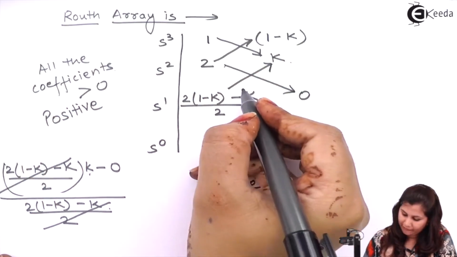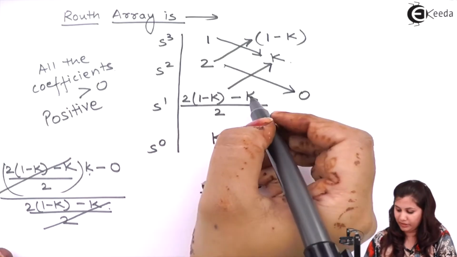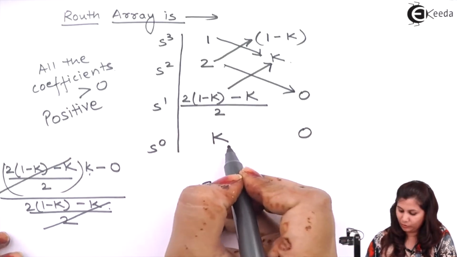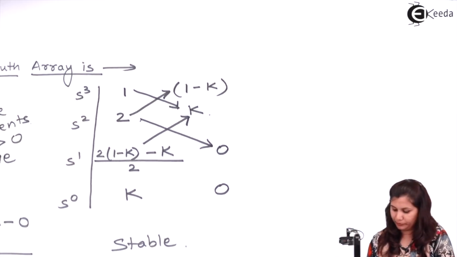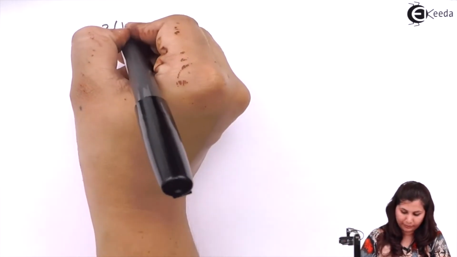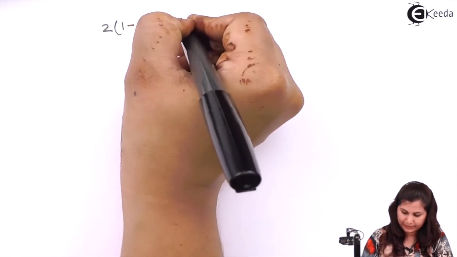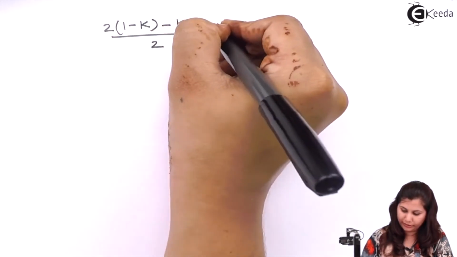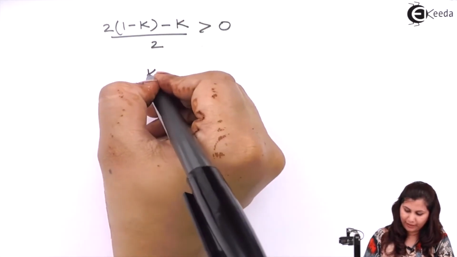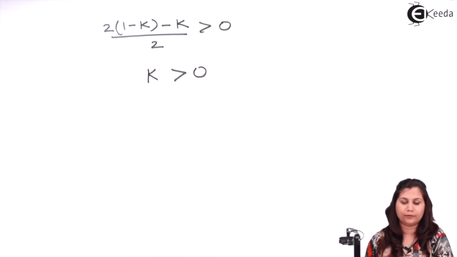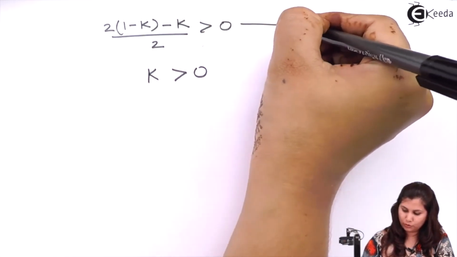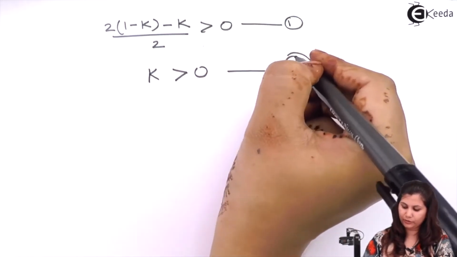So here we are having K as a variable here and also here. So we will obtain 2(1 minus K) upon 2 greater than 0, and second we have K greater than 0. So we have obtained these two equations or these two values of K.